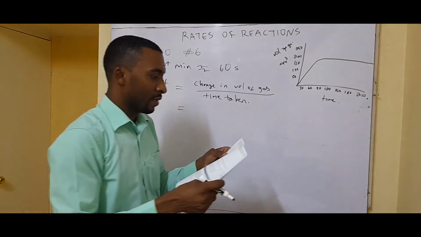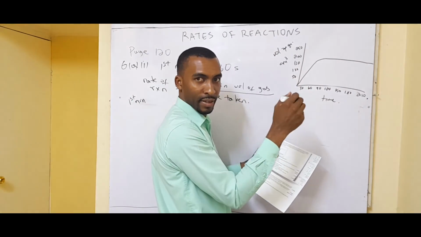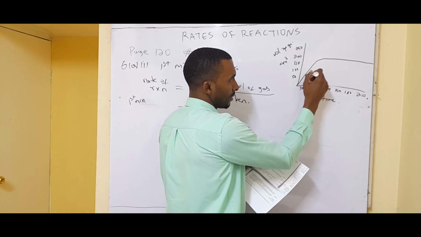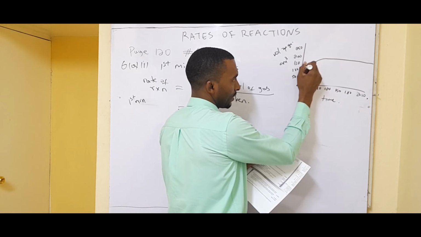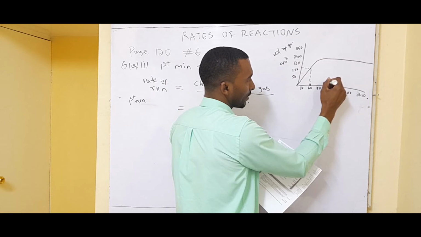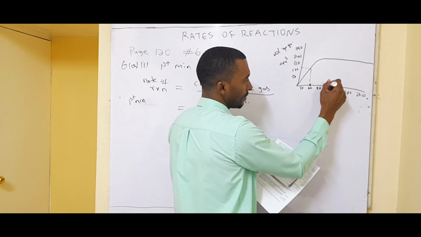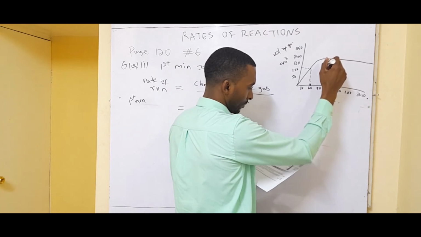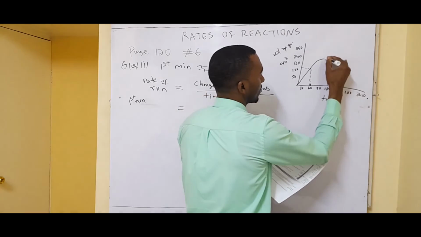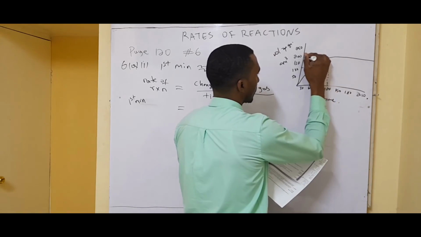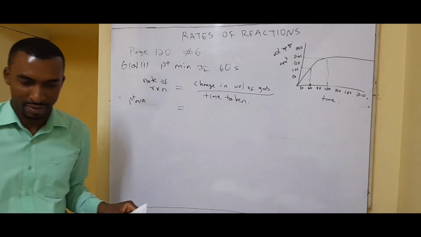So for the first minute, this is how we do it on real graph paper: we look at 1 minute, 60 seconds, draw a line and then go across to the curve. Do the same thing for the second minute, which would be 60 and 60, 120. Do something like that, right?